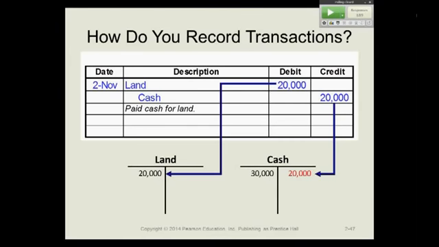This is transaction number 1. In transaction number 2, we wound up spending 20,000 for land, debits of 30 minus credits of 20 gives you a balance of 10.